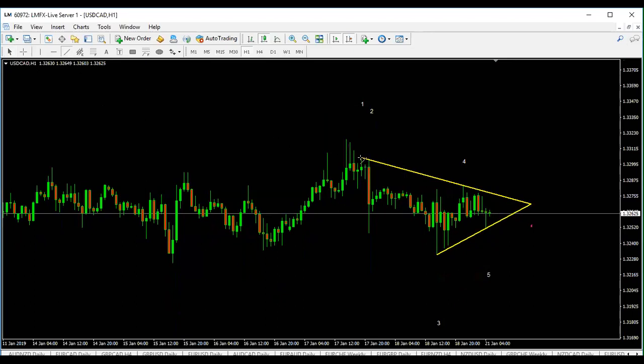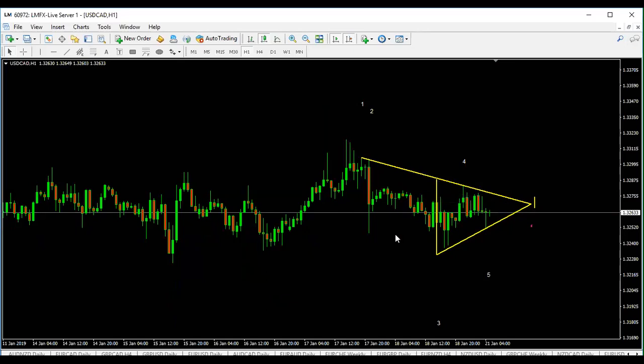If we were to draw a line from 1 to 3, it's a triangle, but it's not a forward-facing triangle like we're looking for. With forward-facing, I mean this being the main tip of the triangle. We want a symmetrical triangle, which is this. This is a symmetrical triangle.